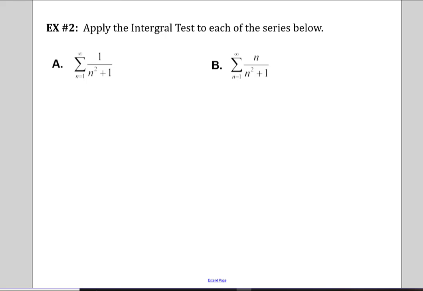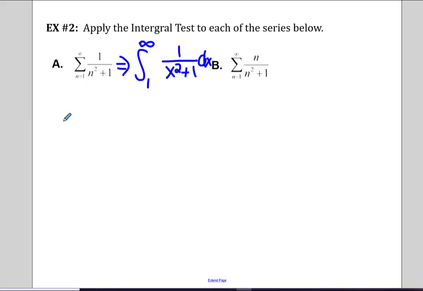So we can use that and apply that here. We want to use that integral test on each of the series below. So in this first one, if we write the series as an integral, we would rewrite this from 1 to infinity, and instead of using the terms n for our summation formula, we're going to convert that to 1 over x squared plus 1 dx.